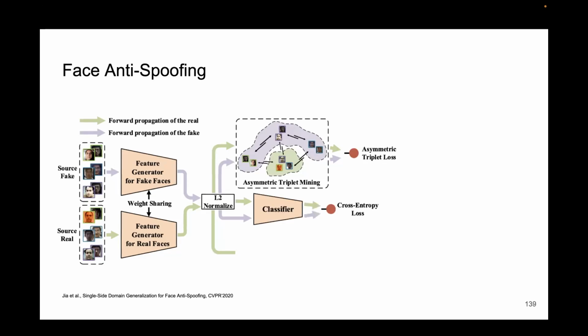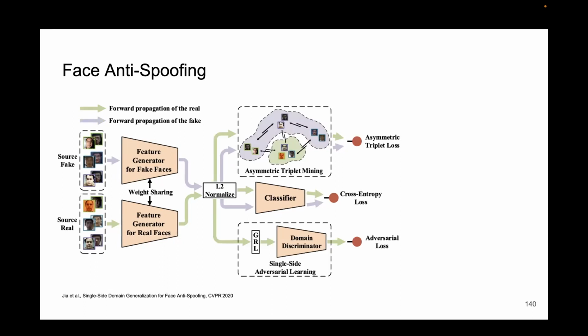The second one is pretty straightforward. Both the real and fake images are sent to the classifier to compute the cross entropy loss for the supervised binary classification task. And lastly, they want to push all those real faces together, and this is achieved by the adversarial alignment loss.